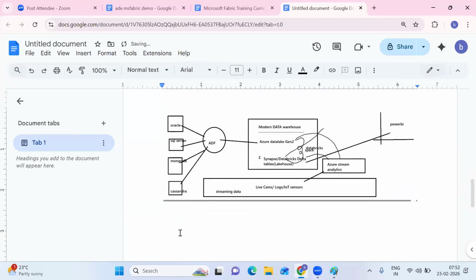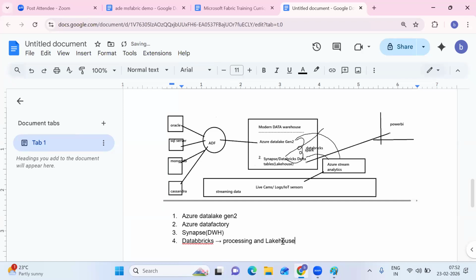So mainly the major services used here are, as usual, Azure Data Lake Gen 2, as our file system. Azure Data Factory, this is for the ELT service, and Synapse for data warehouse, and Databricks here for processing and also Lakehouse building.